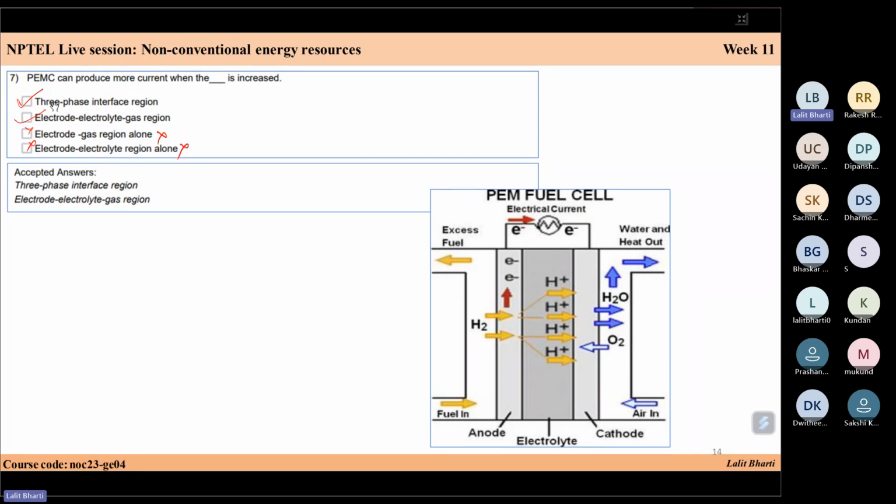So we need to improve the three-phase interface region, or electrode electrolyte gas region. Three-phase means all regions are included. Electrode is the solid, electrolyte is the liquid, and then gas. So this region, with all three phases, needs to be increased to produce more current. And options three and four are incorrect, as only two regions are not sufficient.